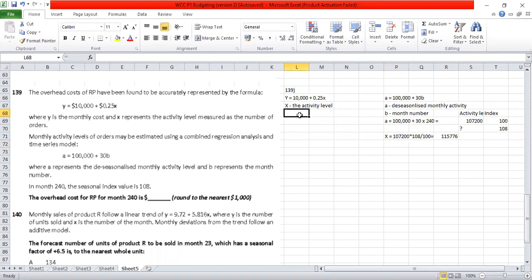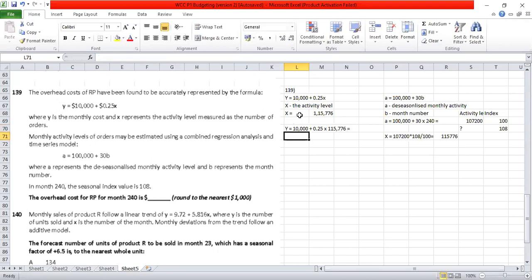After we get X, we have to substitute it. X is now 115,776. The question is about Y, the overhead cost. Y is equal to 10,000 plus 0.25 into 115,776.